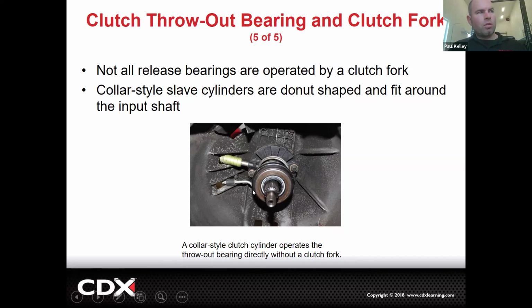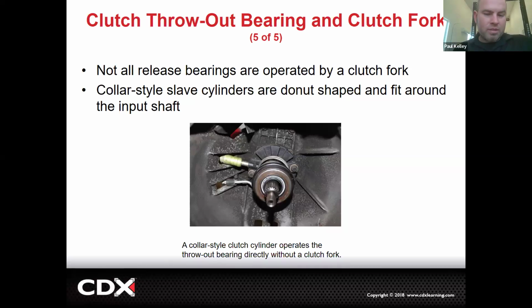This line over here looks like some sort of return line. It's not. That's just the bleeder, which is one of the reasons I'm not a huge fan of these. When you go to bleed these, let's just say you get air and the air's up here. You need to get the air down here and out the bleeder, and they can be a bit of a hassle. This one actually may very well be upside down. The bleeder's usually higher, but they can be a little tricky to get the air out of sometimes.